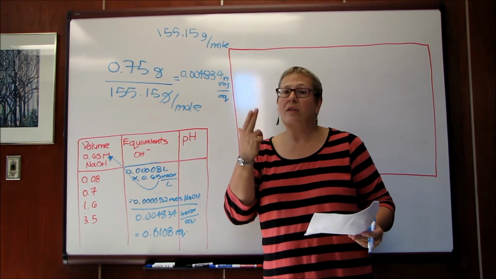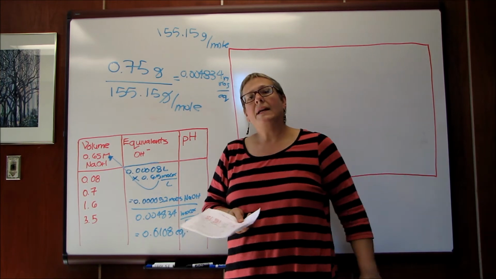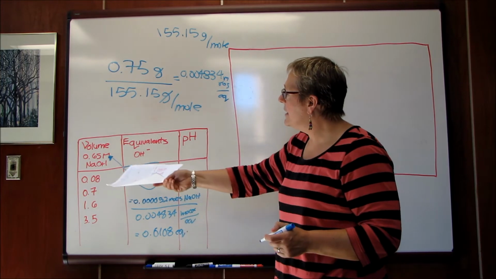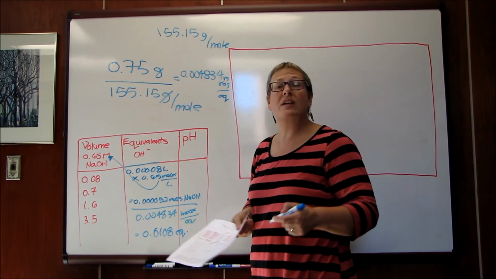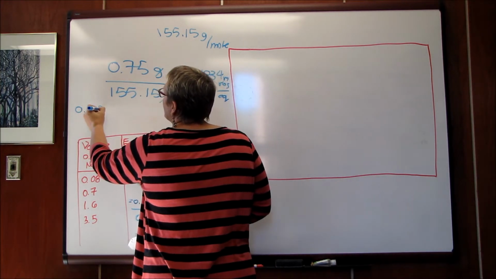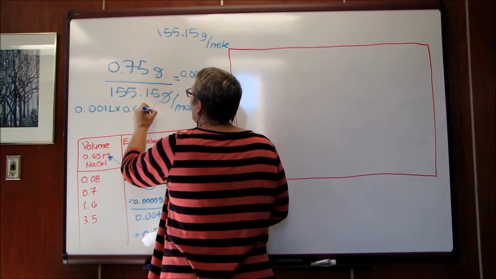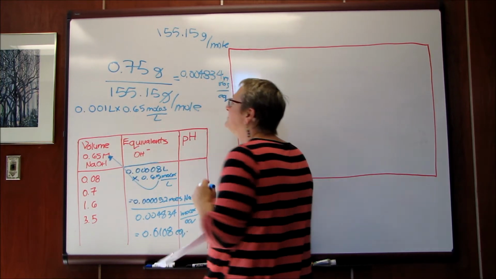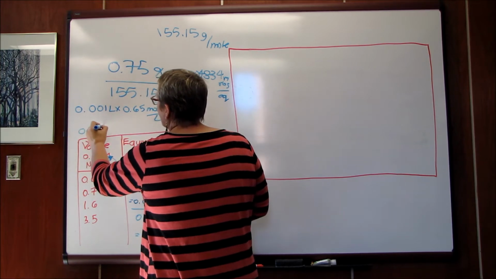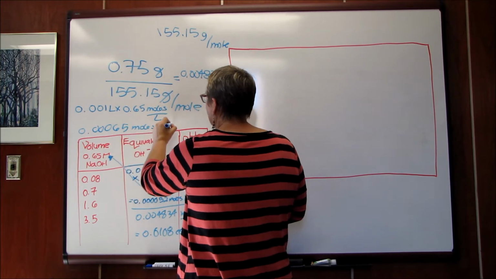Another way to do it, and another way to do it quickly, is to say, all right, for each milliliter added, how many equivalents did I add? To do that, you figure out how many moles of NaOH there are in 1 milliliter. So 0.001 liters times 0.65 moles per liter gives me 0.00065 moles per ml.